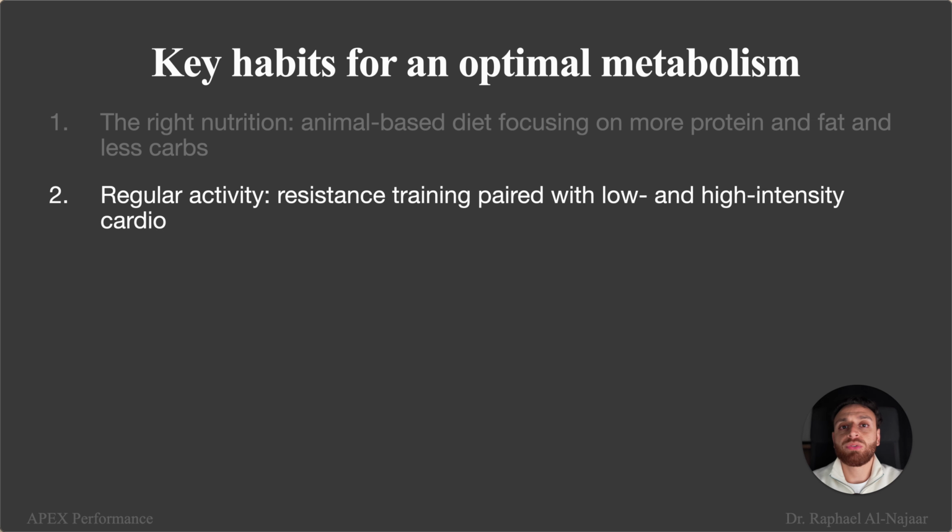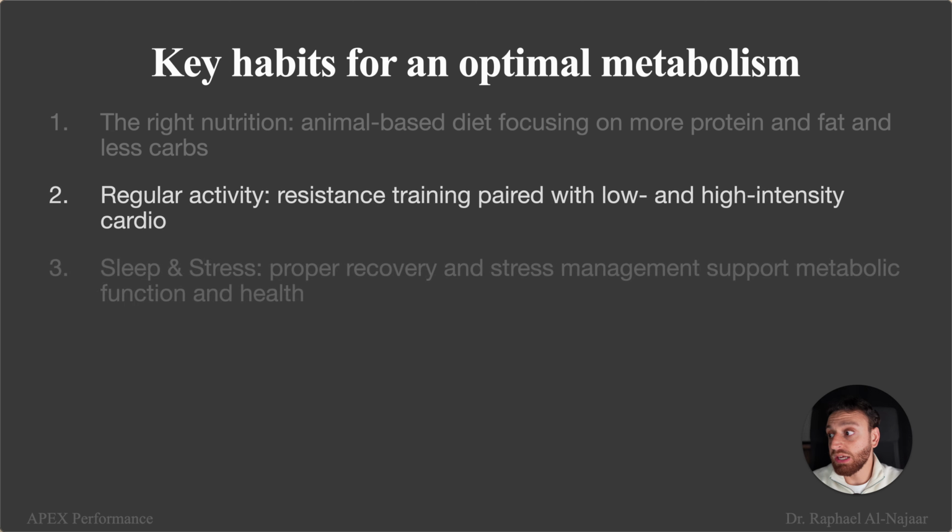You should do this for a shorter time period, but this is also very, very efficient to really max out your VO2 max and really improving your cardio and giving you an optimal metabolism. If you pair these three things, the resistance training with low and high intensity cardio, you're on a very good path to improving your metabolism a lot.